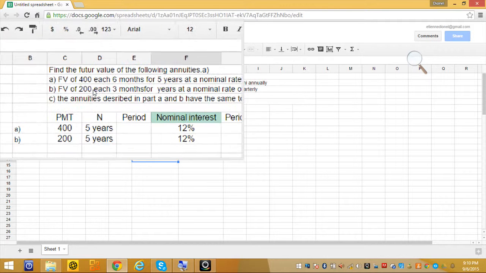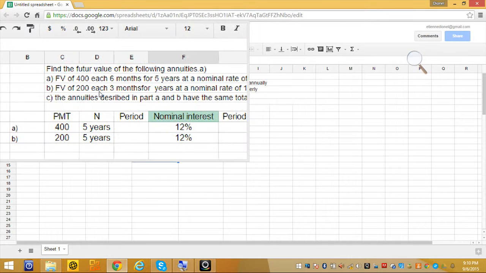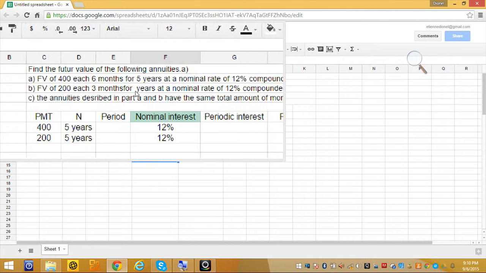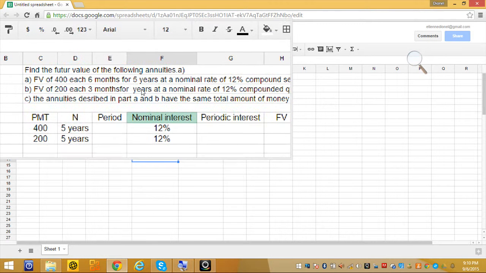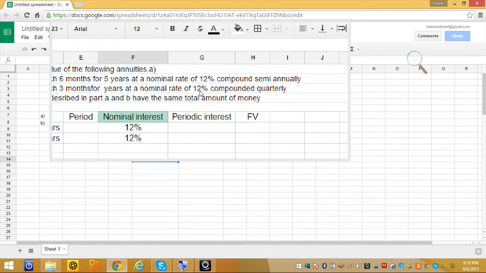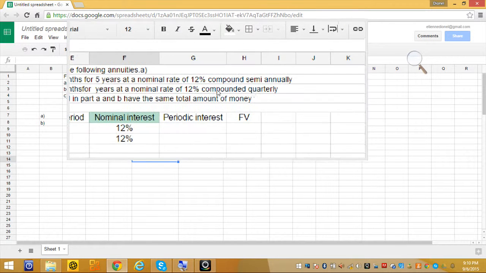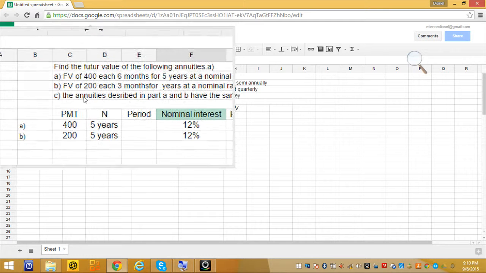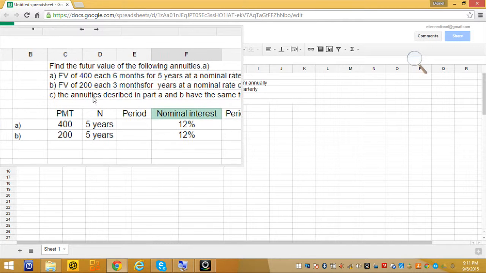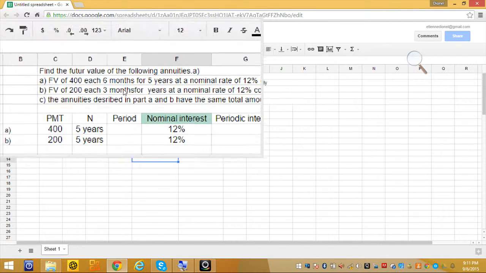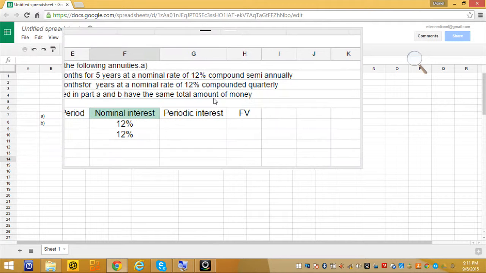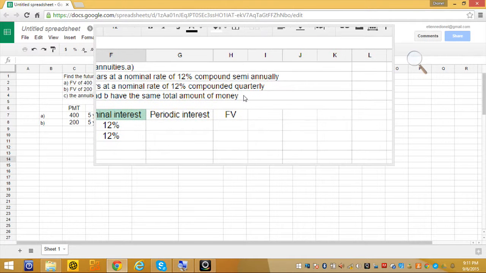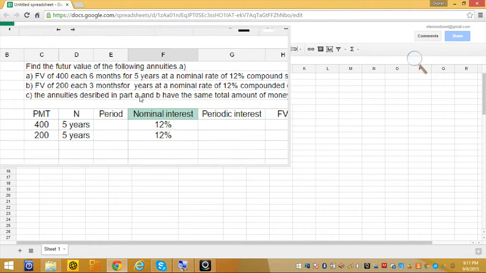And B, future value of 200 each 3 months for 5 years at a nominal rate of 12% compounded quarterly. And then lastly, they say those two annuities for A and B have the same total of money, and then there is some difference between them. How are you gonna explain the difference?